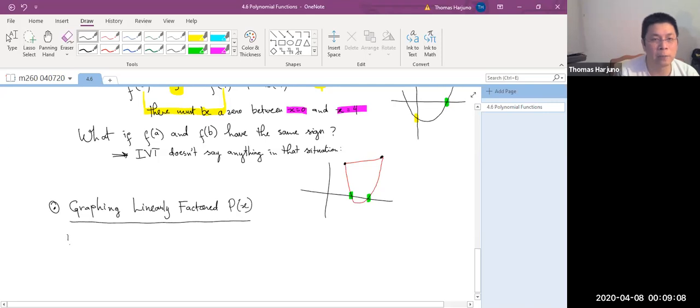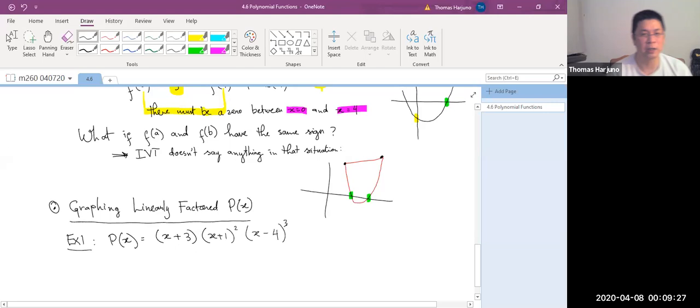Let's say, for example, we have p(x) equals (x plus 3)(x plus 1) squared (x minus 4) cubed. Let's say I have something like this.